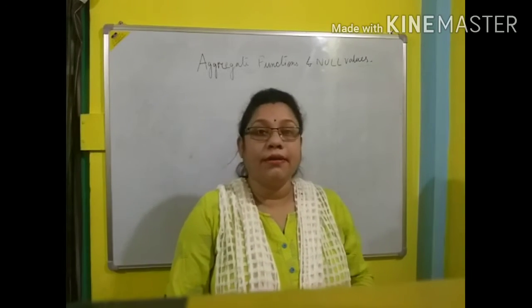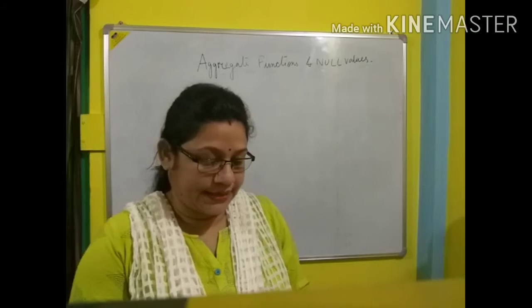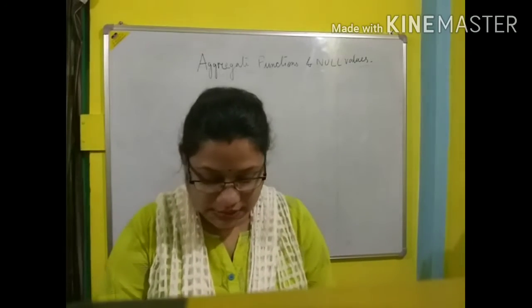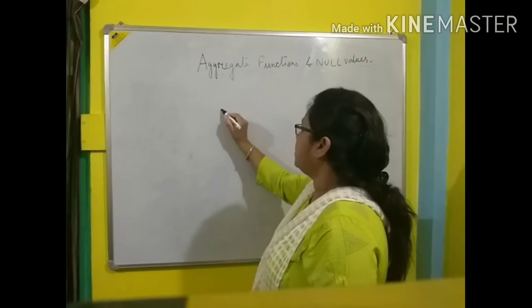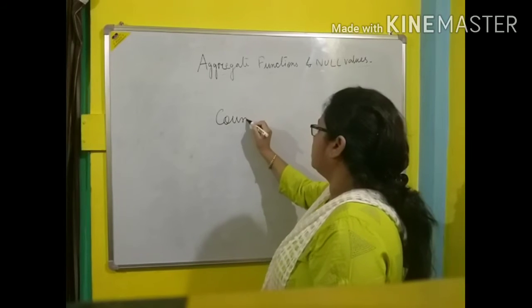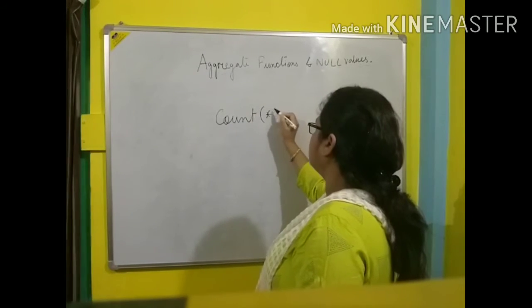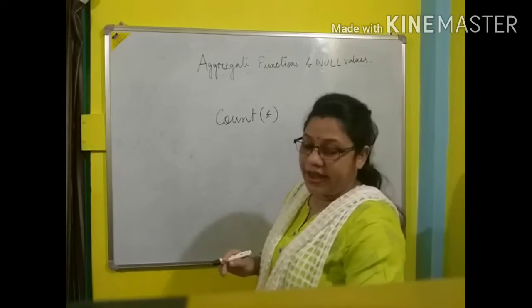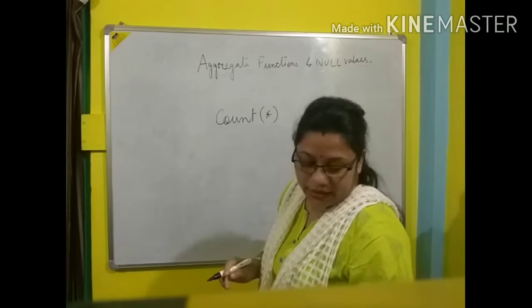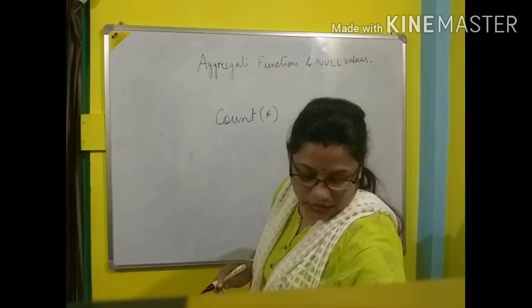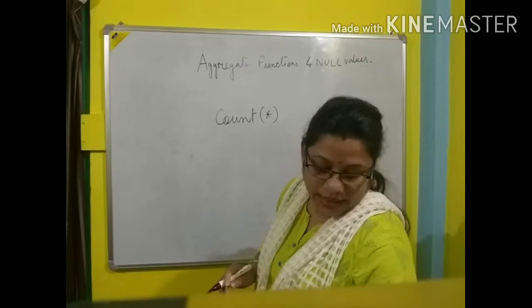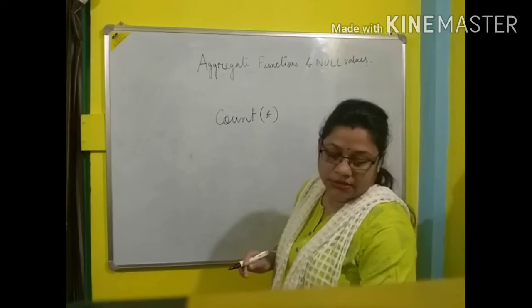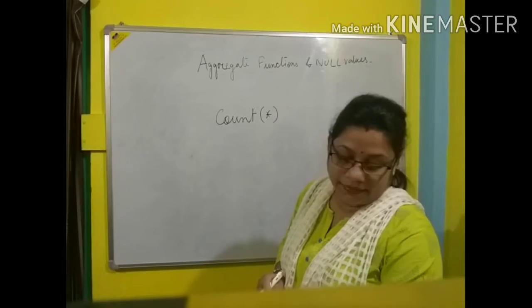However, there is a variation in the count star function. If you use count star, it will act differently. Count of product cost ignores the null values.